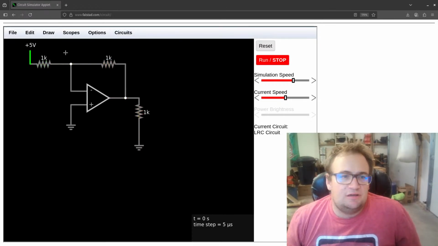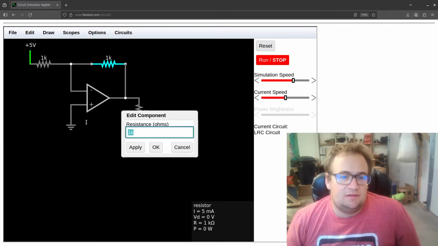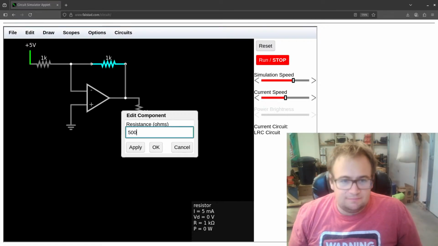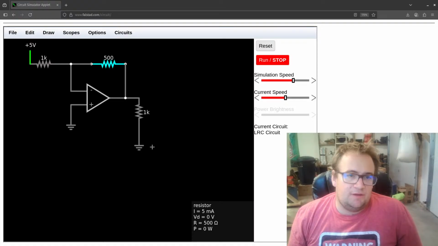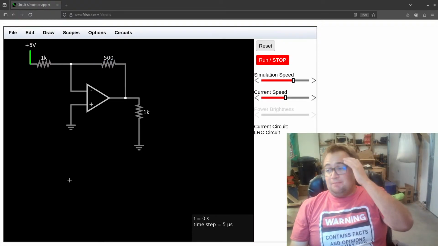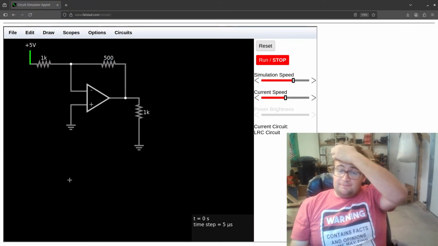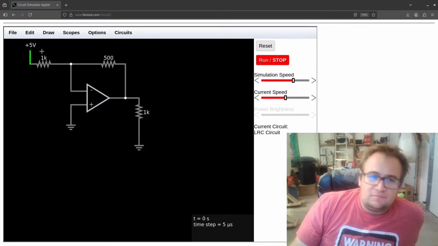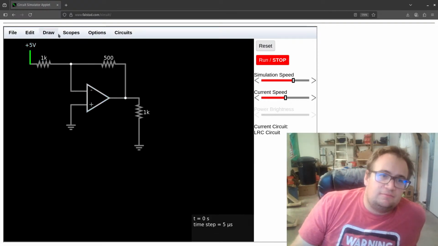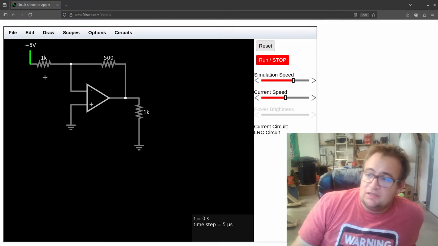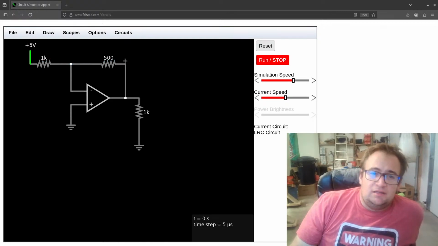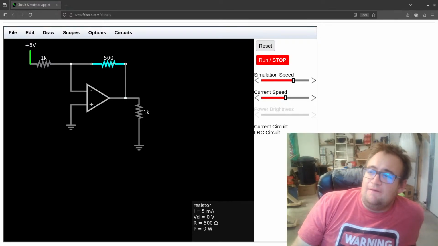Let's just stop this. Let's say we change this to 500 ohms. Now what do you think will happen? Well, again, using our golden rules, this is still 5 milliamps traveling through here, and it still has to keep going. This is only 500 ohms now.